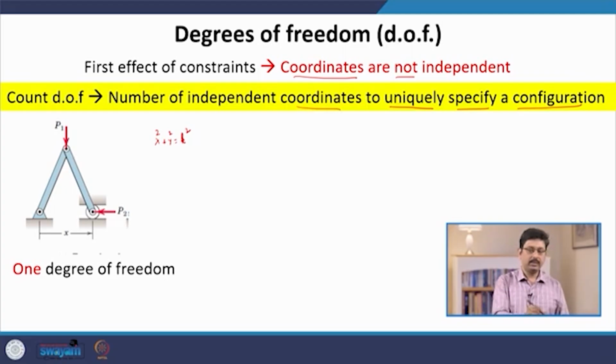Now, how do we describe this configuration? Well, you may say that this point has some coordinates, and this point has some coordinates, and this point has some coordinates. By looking at the picture, it is clear that the z coordinate does not play a role.